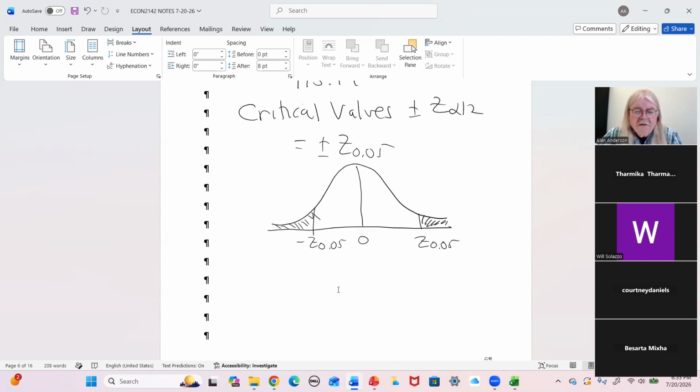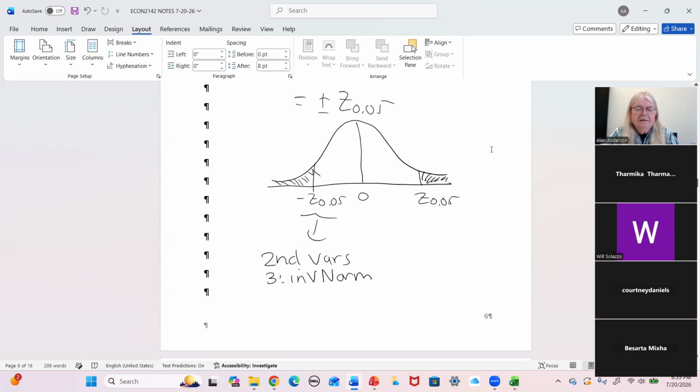And now let's randomly pick this one to look up in the calculator. All right, so when you get to invNorm, the area is the left tail area, 0.05.